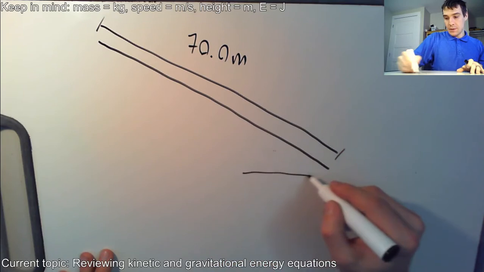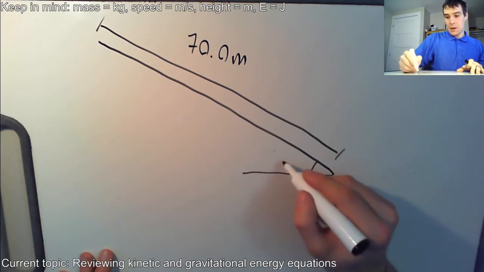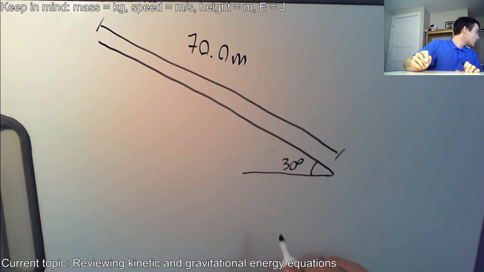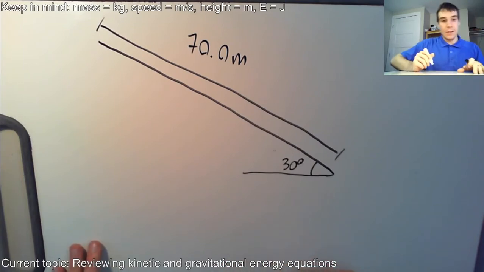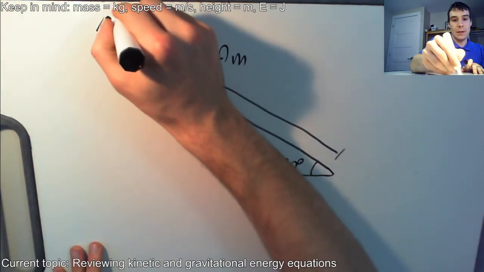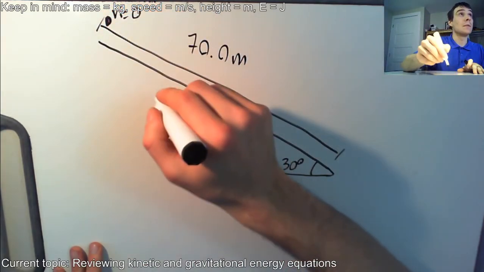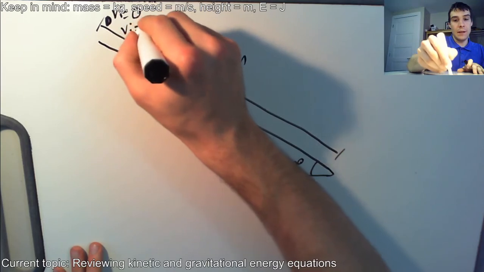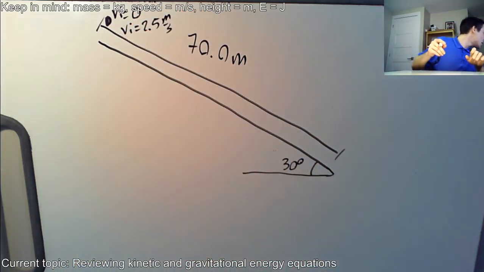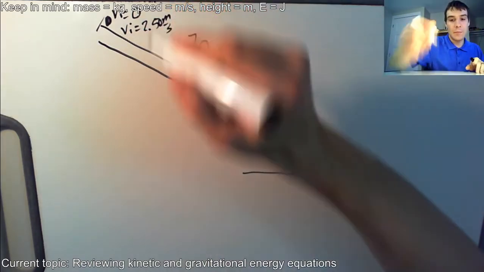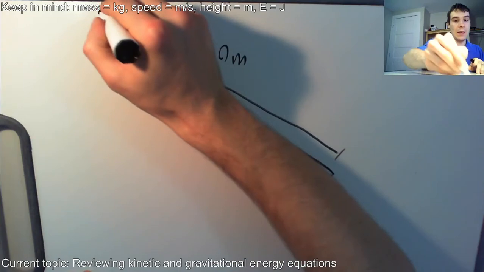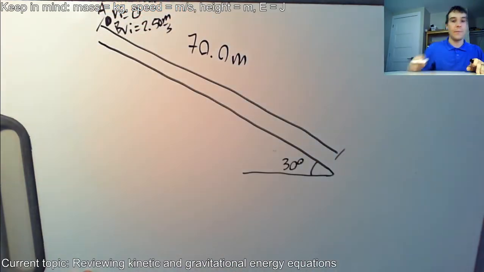The angle of the slope is 30 degrees. And we have to do it twice. First off, starting from rest, VI equals 0, and second, VI is 2.50 meters per second. So that's A and B.